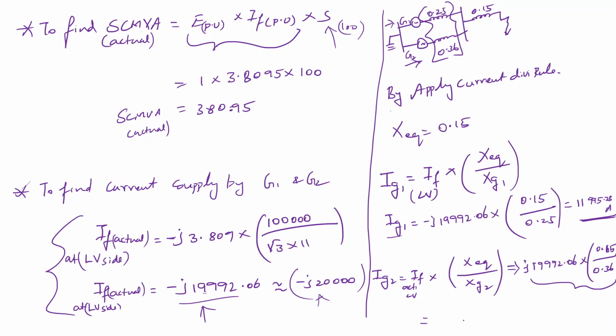It will be 8330.025 amp. So we got the value. By Ig1 about 11k ampere is shared, and by Ig2 nearly 8.3k ampere is shared. This is what the question asked, and we found all the solutions.